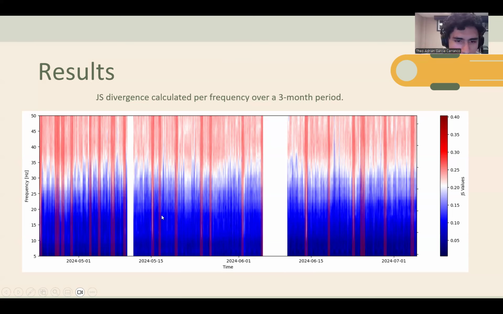We can clearly see that when it rains, the values, especially in the 25 to 5 frequency band, tend to go higher, because the blue is a very low number and the red is a very high number. There seems to be a peak at every rain event.